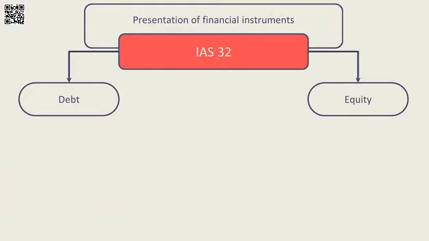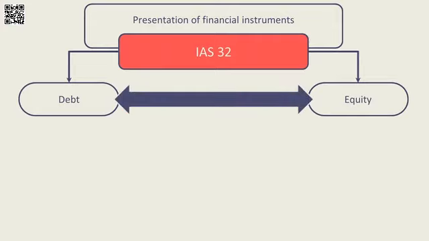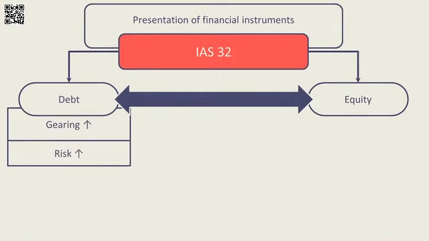And a basic point, but an important point to keep in mind, is why does it matter whether something is recorded as debt or equity? Well, anytime we record an instrument as debt, it causes our gearing to increase. And generally speaking, where we have a higher level of gearing, we're said to carry a higher level of risk.